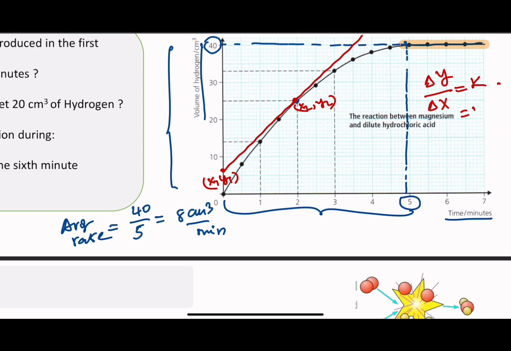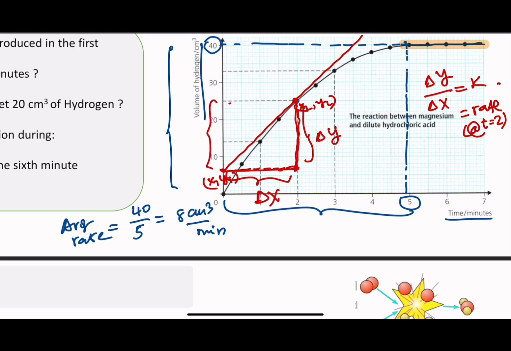That will give you the rate of reaction at t equals 2 minutes. Or you can just grab this and this. This is your delta y and this is your delta x. Just divide this space. See how many mathematical boxes we have here. Grab this much space, this height divided by this height, and it will give you the rate at minute 2.